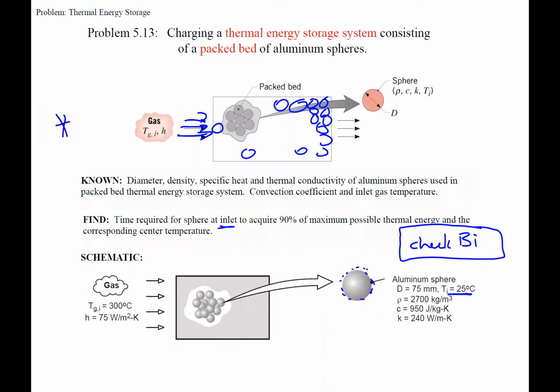Is there energy generated inside the sphere? So we're flowing hot gases, no generation, okay?